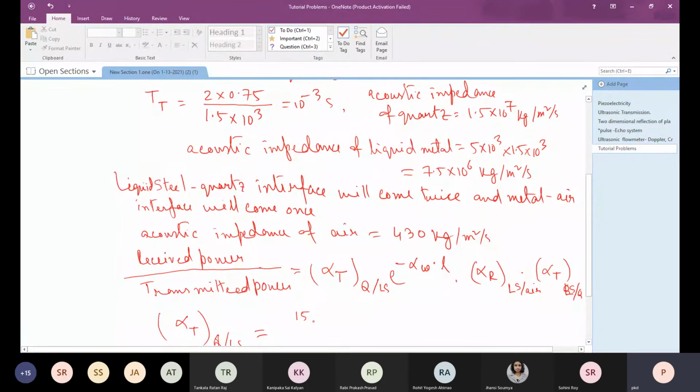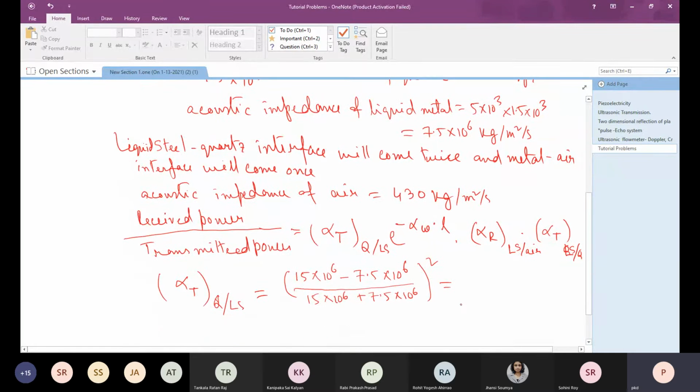This is 15 into 10 to the power 6 minus 7.5 into 10 to the power 6, divided by 15 into 10 to the power 6 plus 7.5 into 10 to the power 6, whole square.